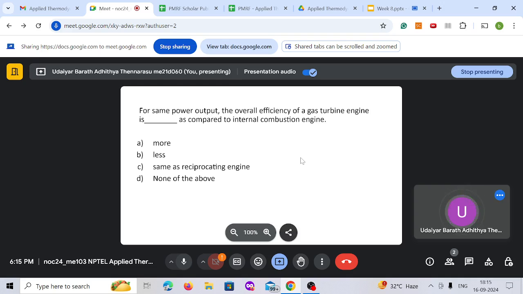And D. None of the above. So the answer is option B, less.